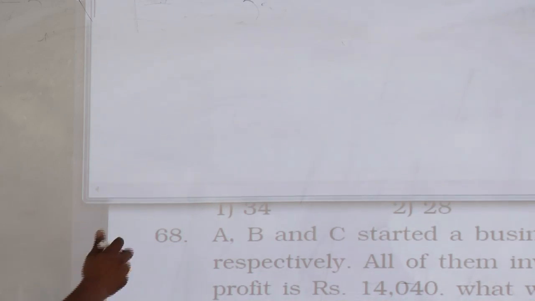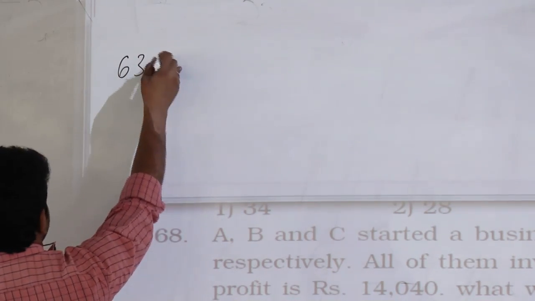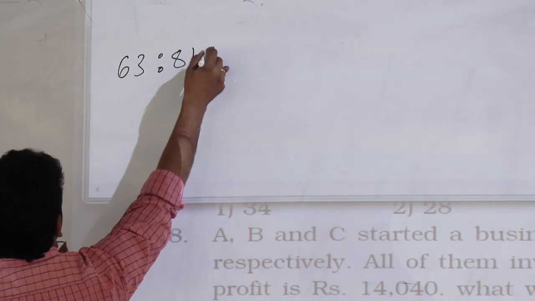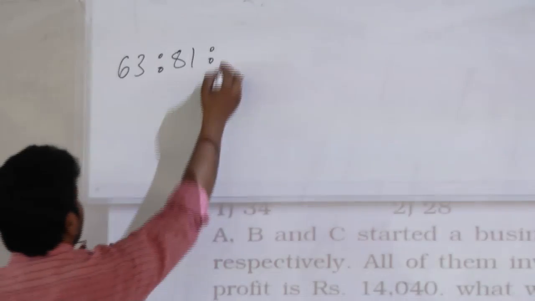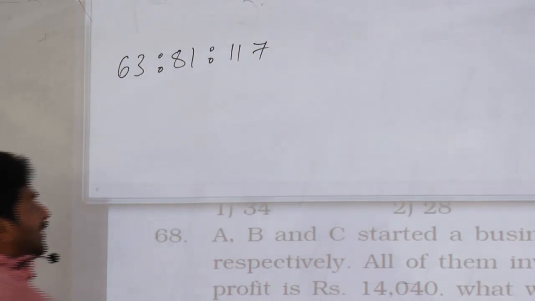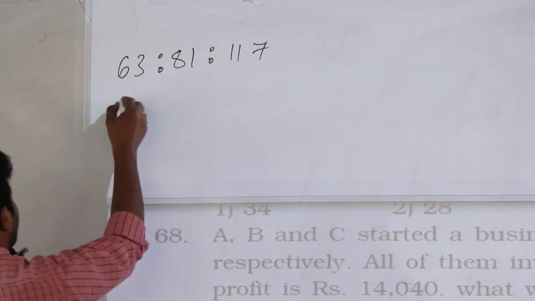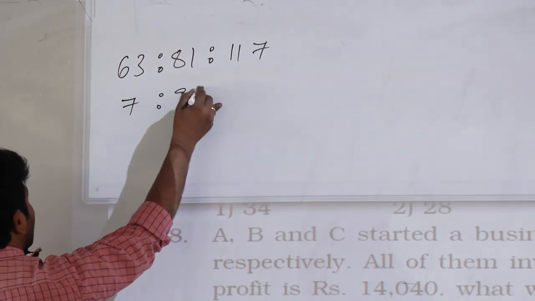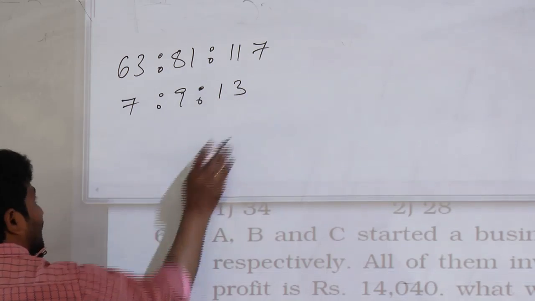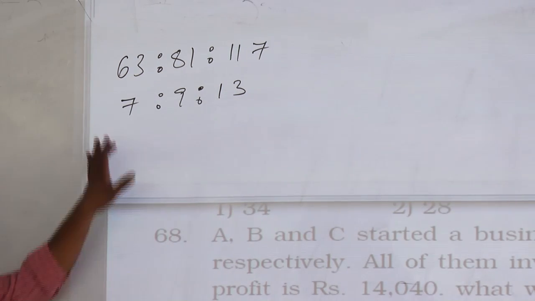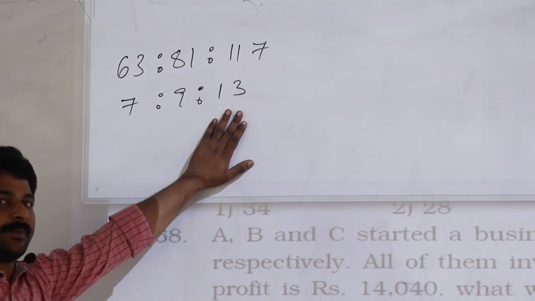So the profit sharing ratio is 6,300, 8,100, 11,700. All are multiples of 900: 7 times, 9 times, 13 times. Total how many parts do we have? 29 parts.